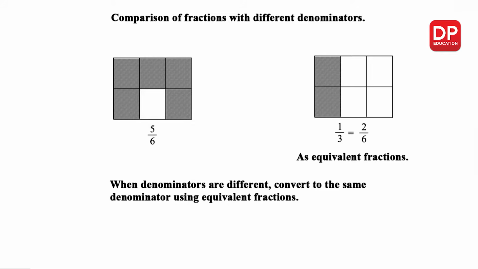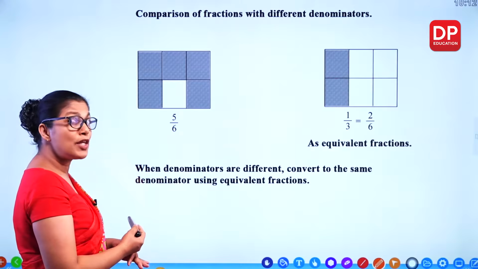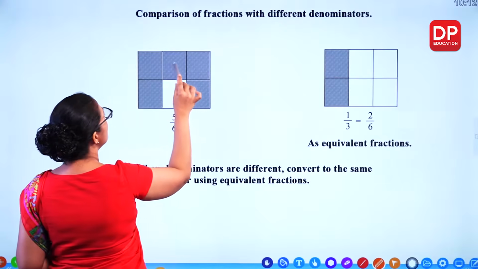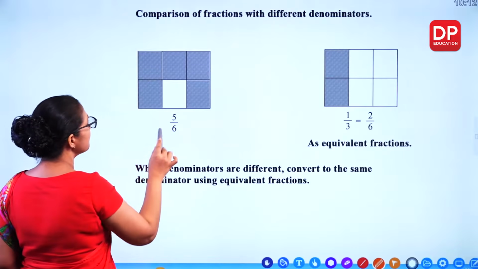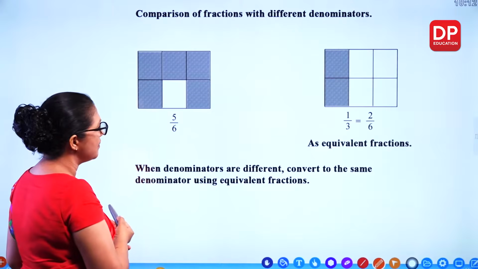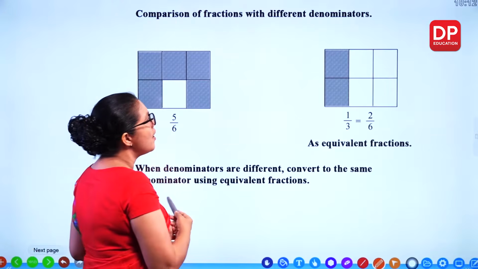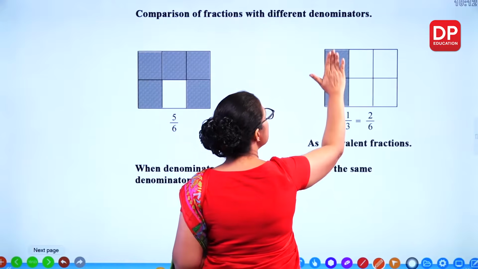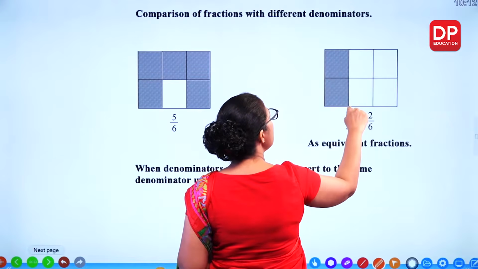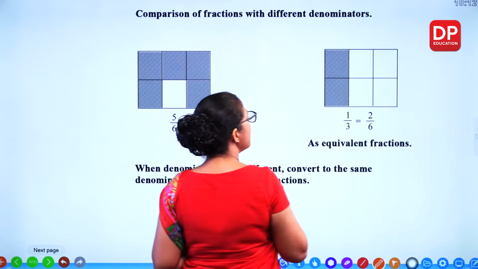Comparison of fractions with different denominators. Now what do we do? The denominators are different. 1, 2, 3, 4, 5. Out of 6 parts, 5 parts shaded. Now if you take this, one part, 1, 2, 3. Out of 3, one part is shaded.